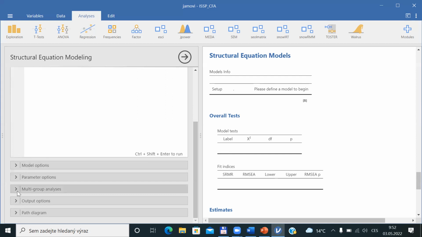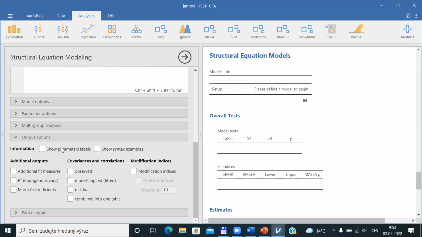We will skip the next option, multi-group analysis. We will go into this section later for multiple group confirmatory factor analysis, so we don't need it. And I will go to output options, and I will ask for additional fit measures at least. We can also ask for residual covariances.